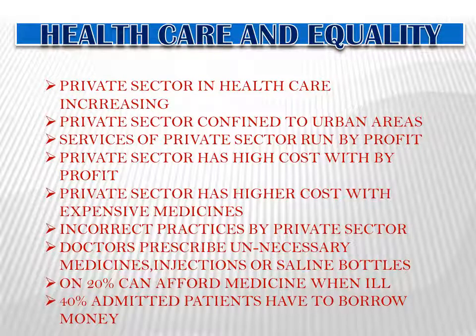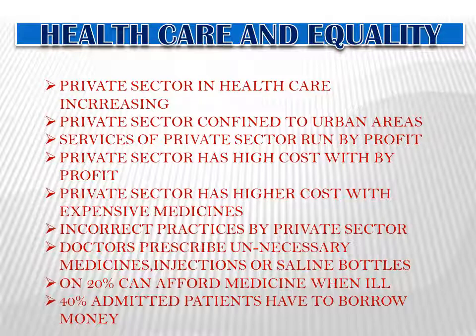Healthcare and inequality. As we have seen over the years, private healthcare has been increasing, so there are more specialized services available in urban areas compared to rural areas. So there has been increasing disparity between urban and rural areas in terms of healthcare facilities. The cost of private care is increasing because private healthcare charges more. As a result, there are expensive medicines and expensive treatment also.